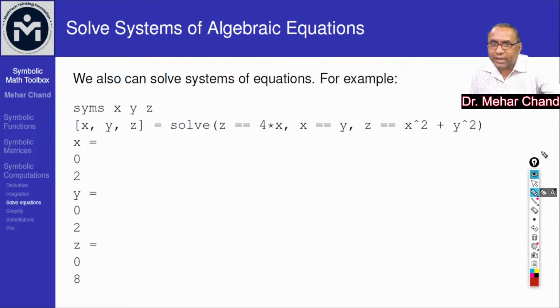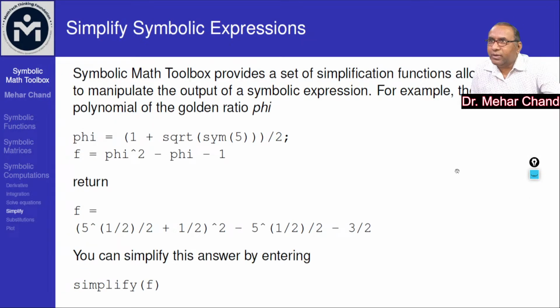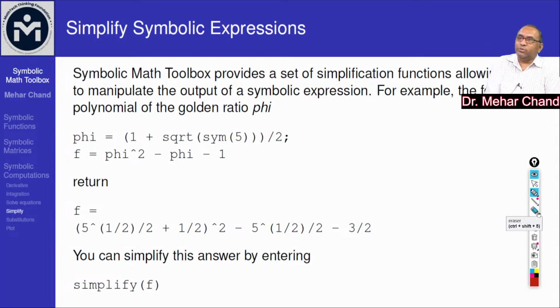Again, we can simplify symbolic expressions. The symbolic math toolbox provides a set of simplification functions to manipulate the output of a symbolic expression. For example, we are solving the polynomial of the golden ratio phi.